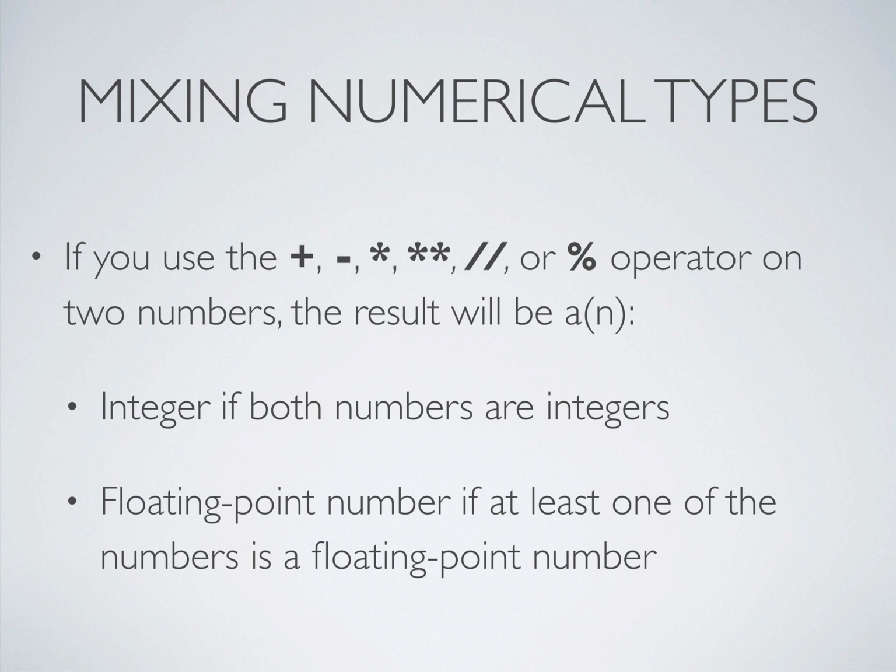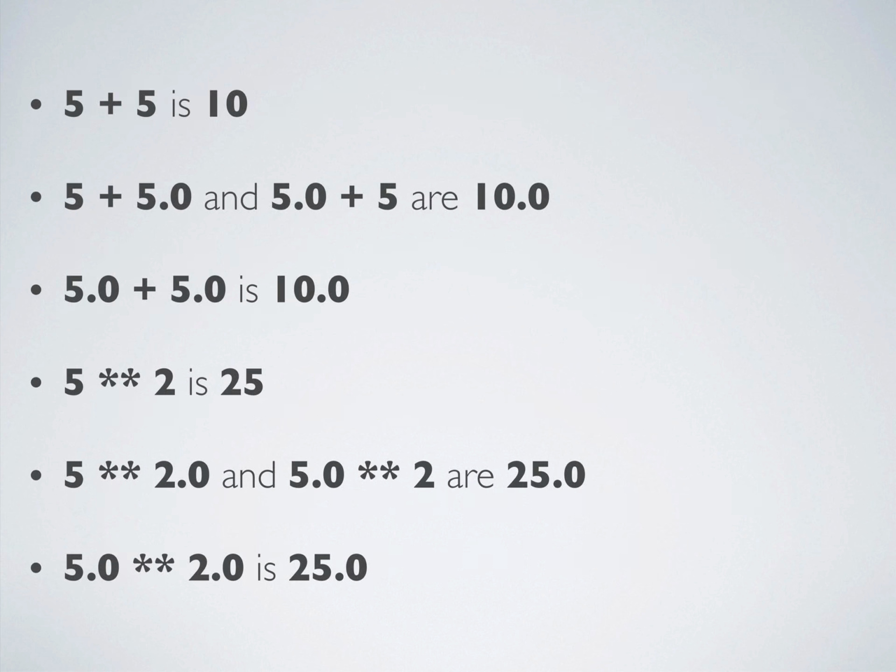Here's a couple of examples. Again, the rule is if they're both integers, you get an integer back. So in this first example, 5 plus 5, both integers, so we get an integer 10 back. Next line, we have 5 plus 5.0, and also 5.0 plus 5.